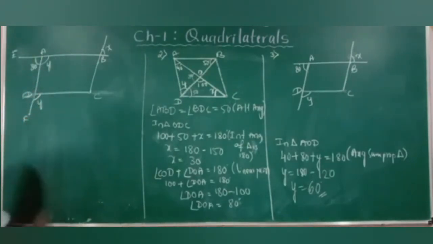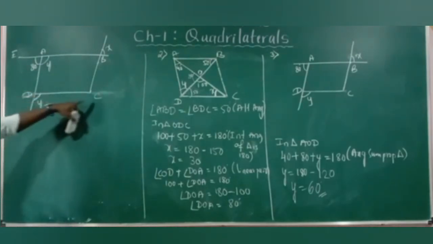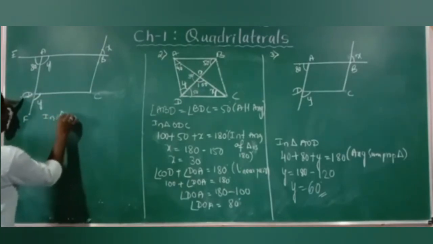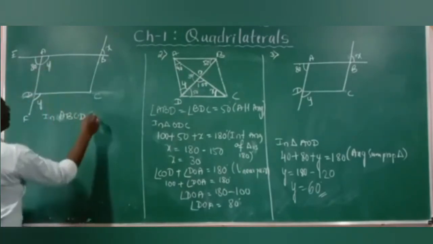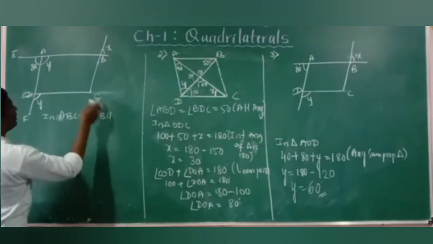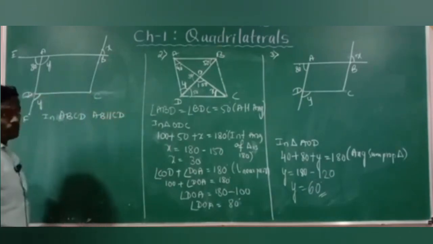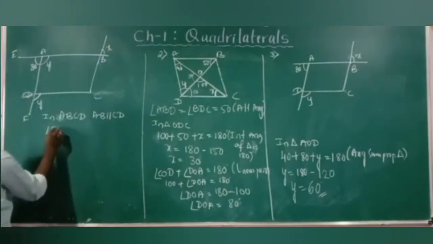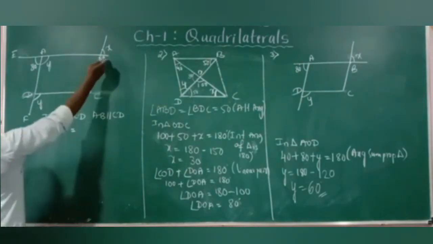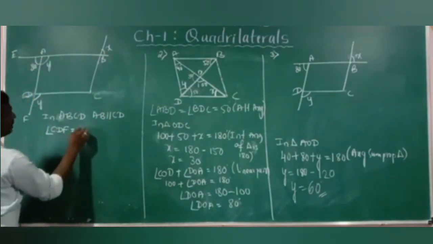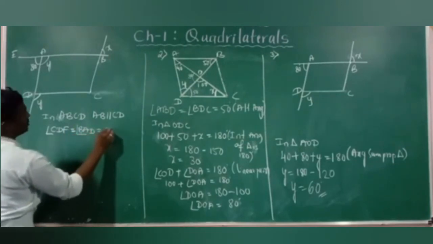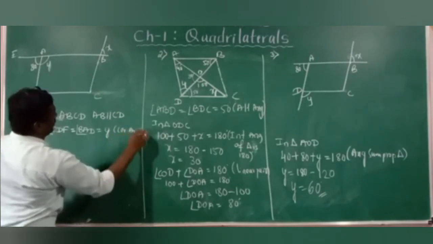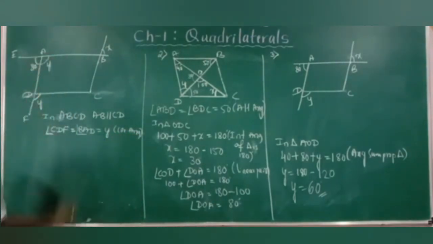Take one point, that is F. Now in parallelogram ABCD, what are the two parallel sides? AB is parallel to CD. Angle CDF is equal to angle BAD. These two angles are corresponding angles. So this angle now becomes equal to x.